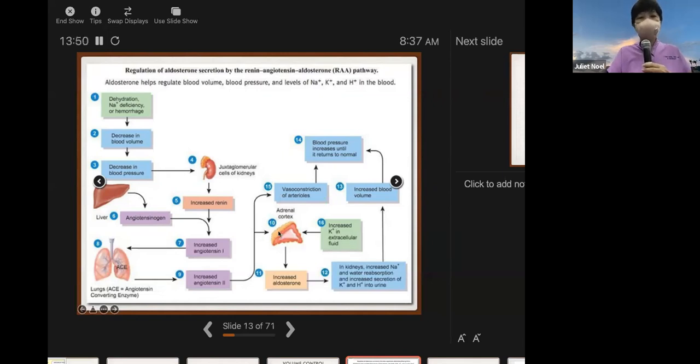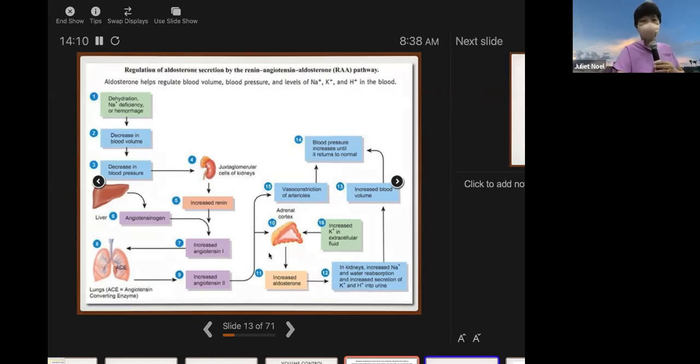It can also stimulate the adrenals to release aldosterone. Aldosterone will absorb sodium, which will increase the blood volume and improve blood pressure. So this is a schematic diagram of that.